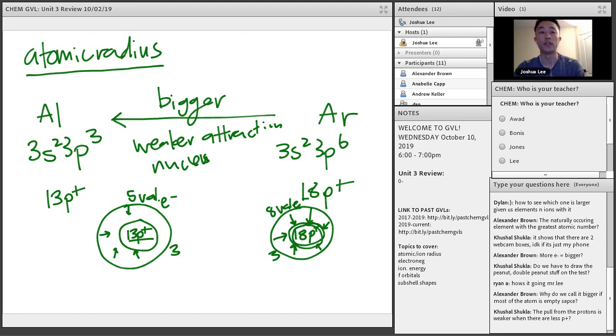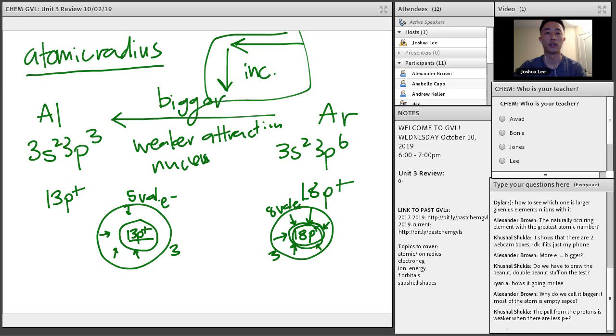So the overall trend for atomic radius is that it increases to the left due to the weaker nuclear attraction, and going down because you're getting increasing energy shells. If you remember the atomic radius, the other two trends are just the exact opposite, so it's a little bit easier that way.